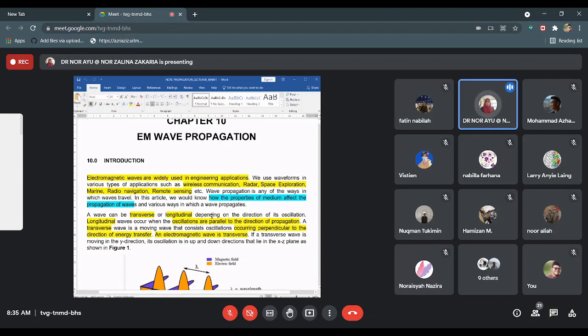All right, so if we go to the introduction, electromagnetic waves are widely used in engineering applications, of course. We use them in applications such as wireless communication, which includes your phone, signal broadcasting, TV and so on. Other than that, we have radar, space exploration and everything.